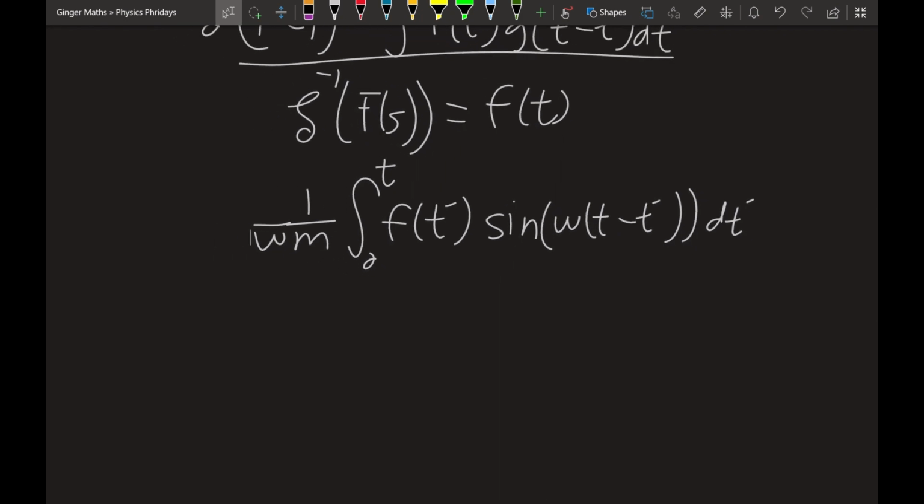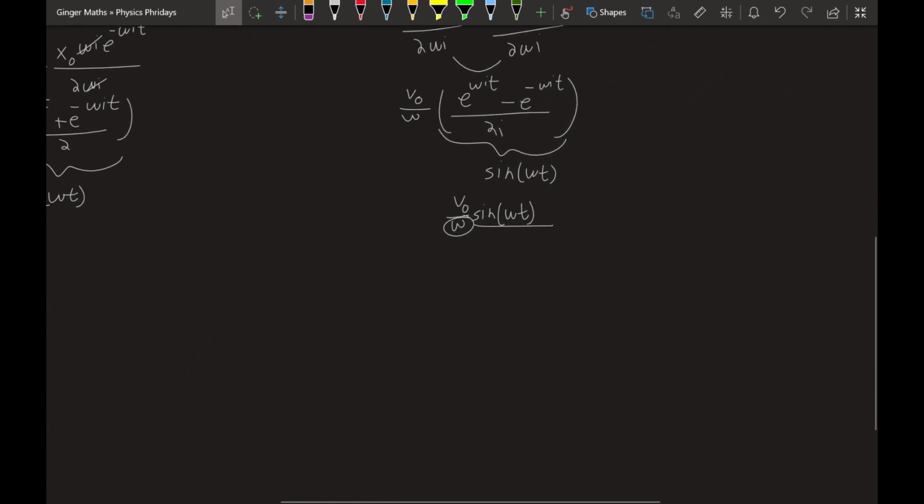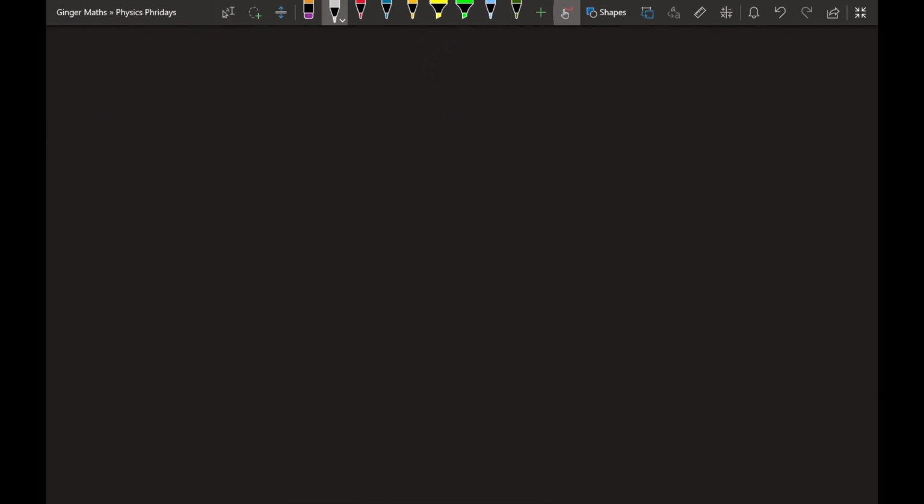So all we really need to do now is tack everything together, and we've solved it. So I'm just going to make some space down here.